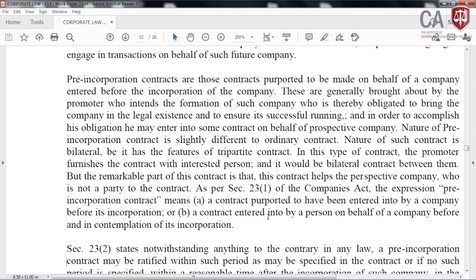The nature of a pre-incorporation contract is slightly different from an ordinary contract because of that.